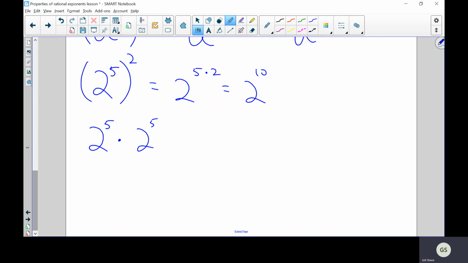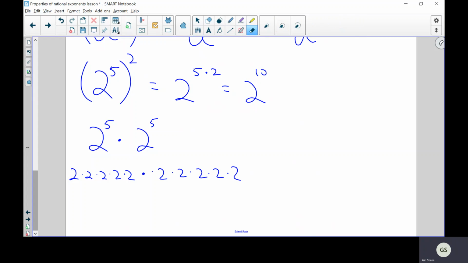We said this means the base times itself 5 times, and then that's times this base times itself 5 times, and we put multiplication in between all those. So we broke them down like that before we knew any of these rules.